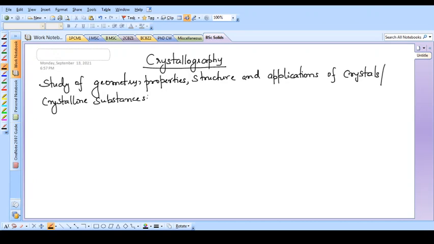The electronic devices that you use, the mobiles, the gadgets, the semiconductors, diodes, transistors, the revolution of electronics is because of the different properties and applications of solids. So in the present scenario, it is very important to understand the properties of solids, the structures of different solids, and the possible applications.